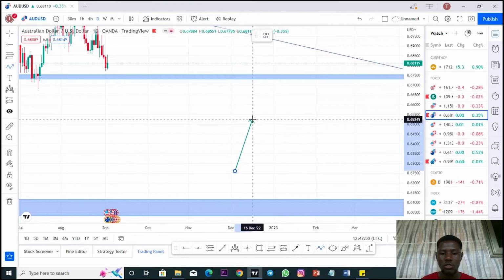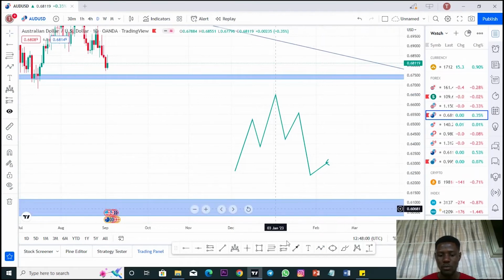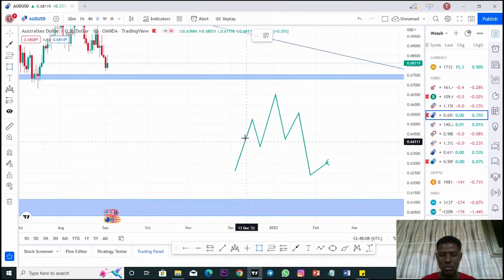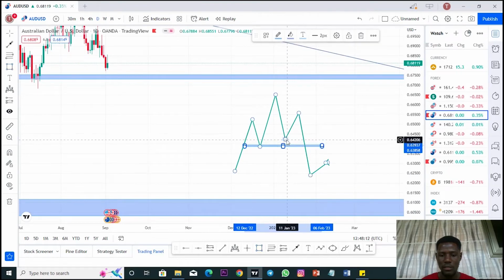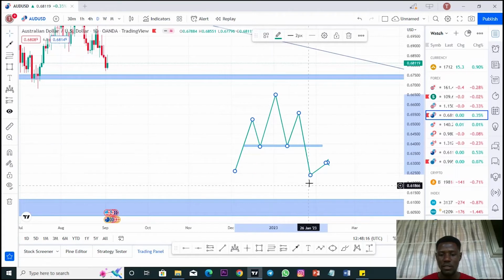The head and shoulder reversal pattern looks in a form like this. So here is the neckline.